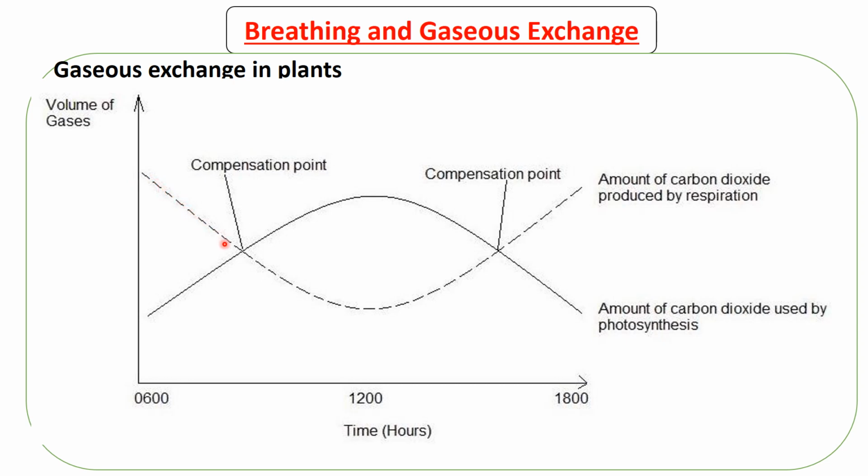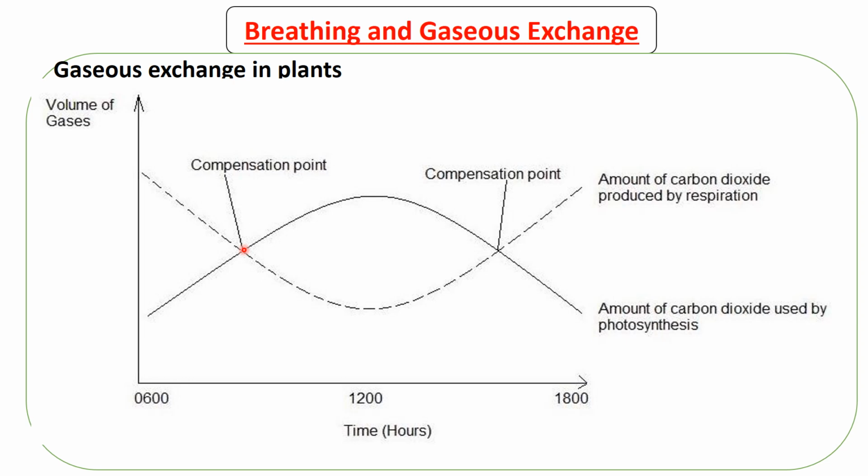Then a point is reached, which is called a compensation point, when they are going to be of the same volume, the amount of carbon dioxide used by photosynthesis and that which was produced by respiration.